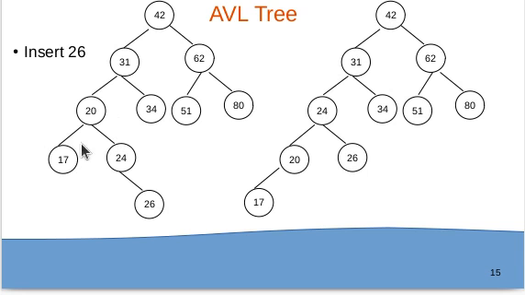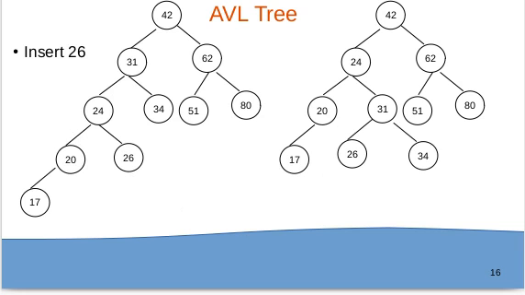Now this is the tree. So first we have to check which rotation is needed. It is a left-right rotation. So we have to first left rotate it. So 24 will be here, 20 will be here, and 17 will be here, and 26 is the right child of 24. This is the intermediate step.